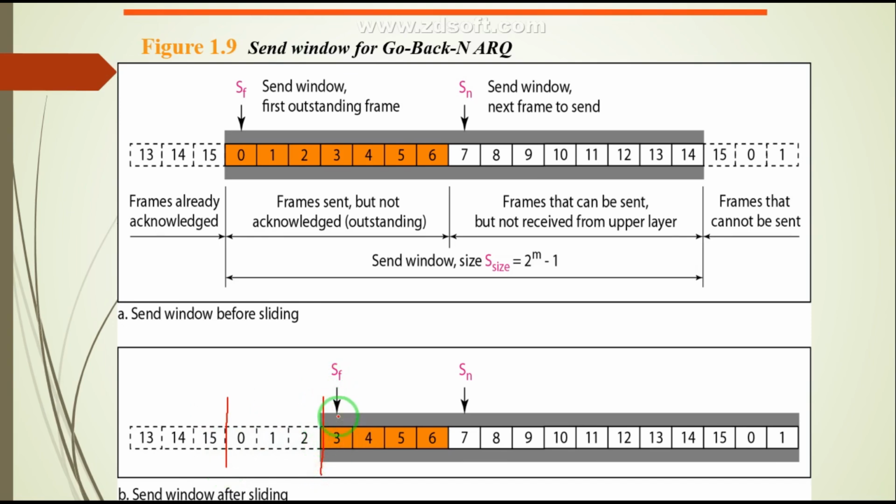Now SF changed to 3 because this is the first frame of this window, because we got the acknowledgement for frame number 0, 1 and 2. So that's why 3 frames have been acknowledged. Now this window slides over 3 slots, SF is 3, whereas SN is 7 because we are yet to receive the acknowledgement for frames 3 to 6.